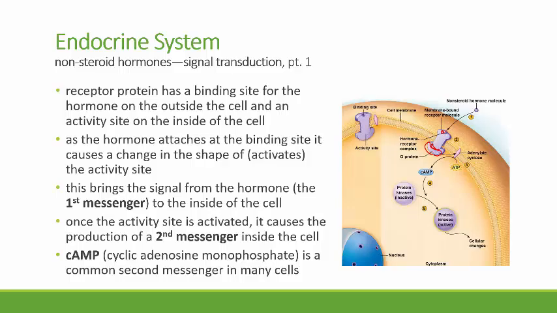Once the activity site and the G protein are activated, adenylate cyclase is also activated, allowing us to produce cyclic adenosine monophosphate out of our old buddy ATP. And now we have a second messenger inside the cell. Now cyclic AMP is not the only second messenger inside the cell. It's not the only yippy yappy dog that we can make, but it is one of them.